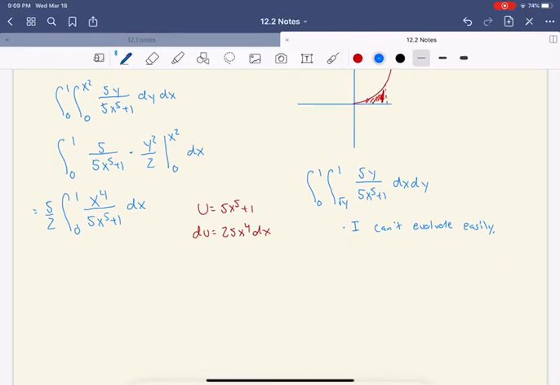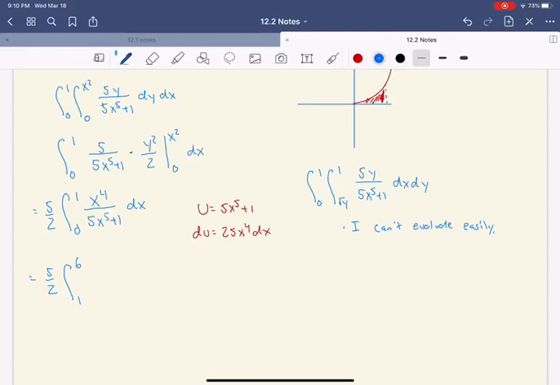And we're going to have 5/2 times the integral. Now, when x equals 0, u equals 1. When x equals 1, u is going to equal 6.